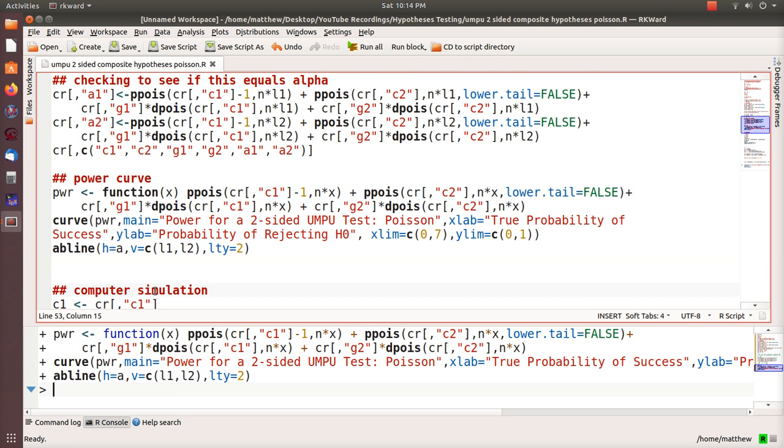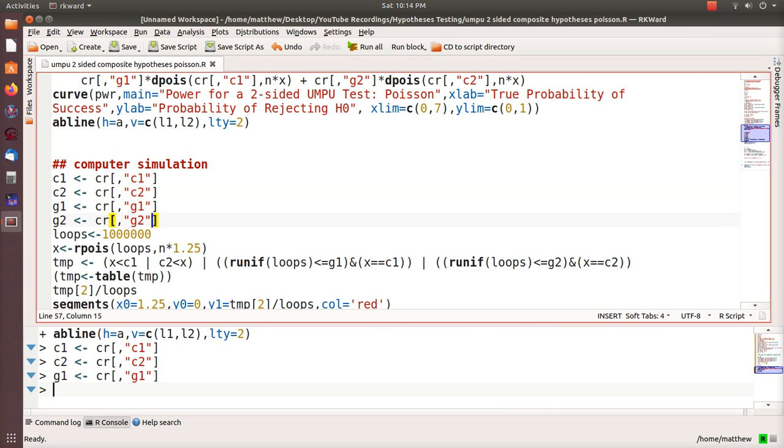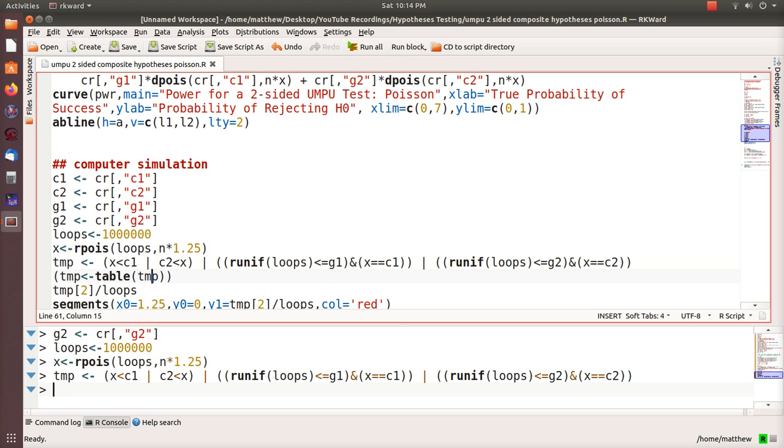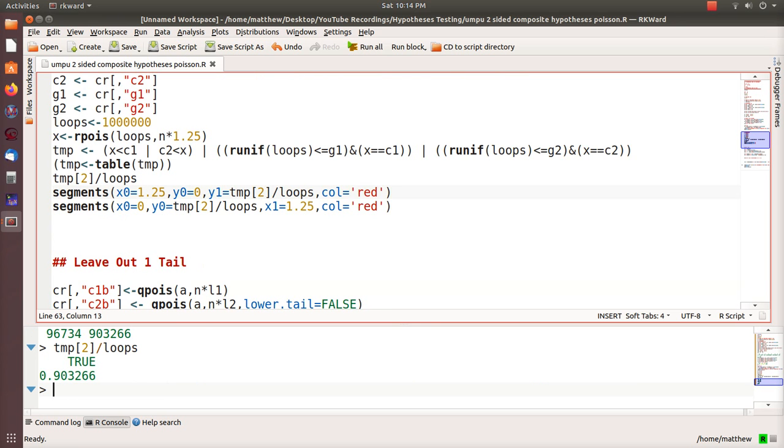Let's run a computer simulation. Let's store C1 and C2, gamma 1, gamma 2 in their own little variables. Let's do 1 million reps. Let's create a vector of Poisson random variables, a vector of 1 million by 1, and we're going to assume the true lambda parameter is 1.25. Let's see how many times we reject. Let's table them and then divide by 1 million.